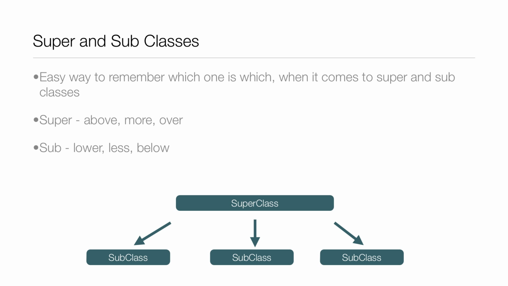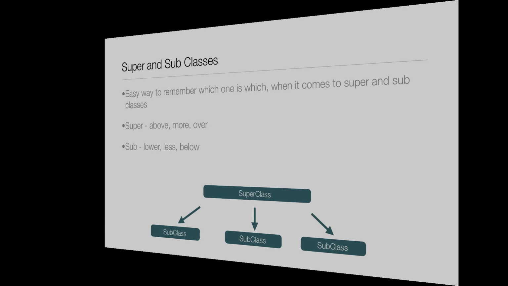And so if you just think about superclass and subclass in kind of this top-down hierarchy way, it makes it very logical, and it's very easy to remember which one is which. And remember that subclass inherits from the superclass.